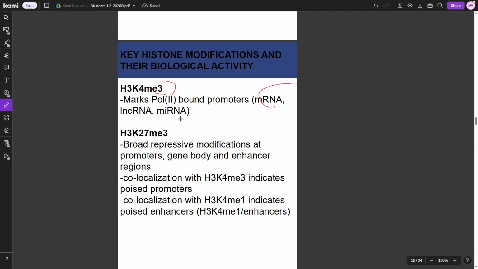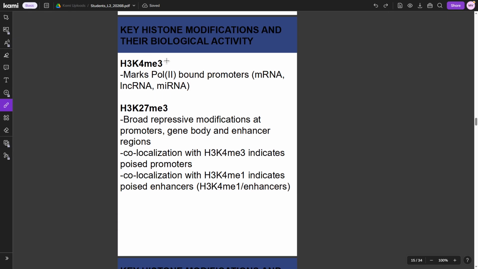Basically it means that it helps recruit the polymerase, if you want to think of it like that. So whenever this is present, polymerase 2 is bound. So this is very helpful for binding polymerase 2. That's what the K4 is for. The K27 is a broad repressive modification. It occurs at promoters, gene bodies, and enhancer regions.